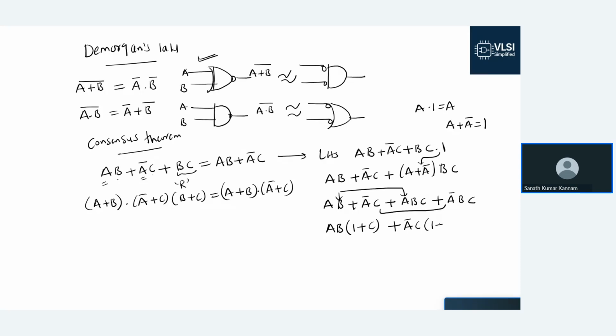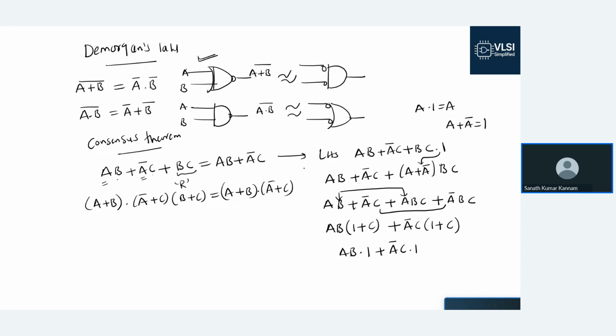So this is 1 plus C. So AB and 1 or A bar C and 1.